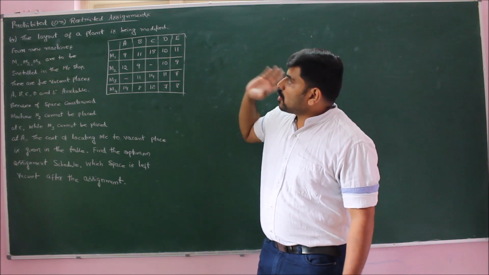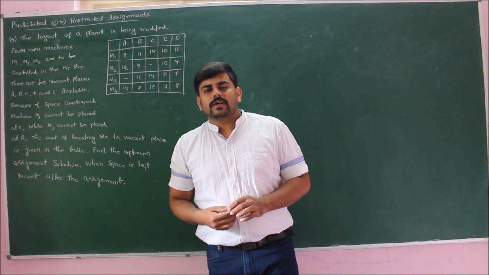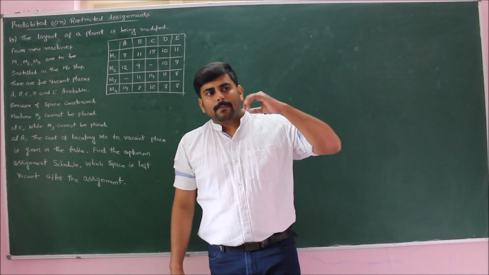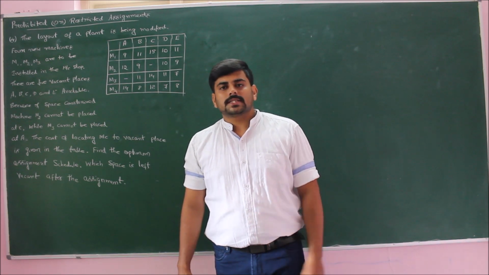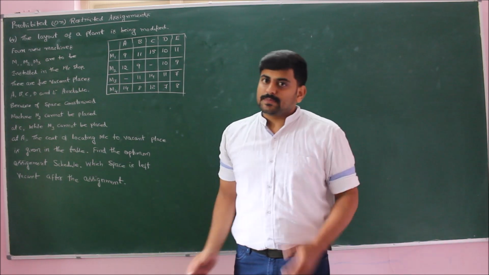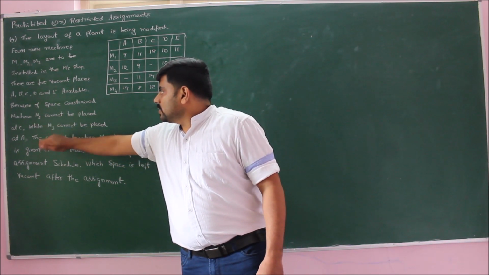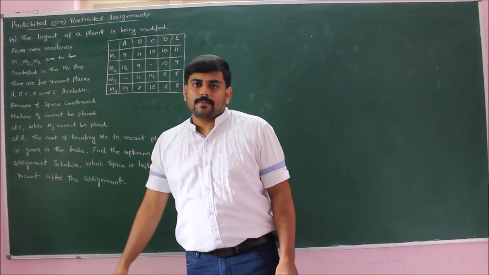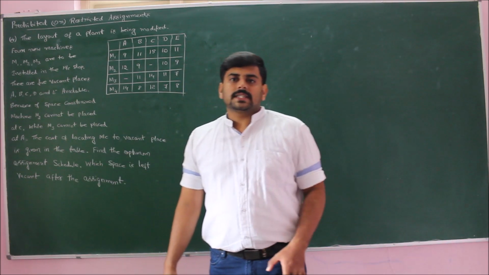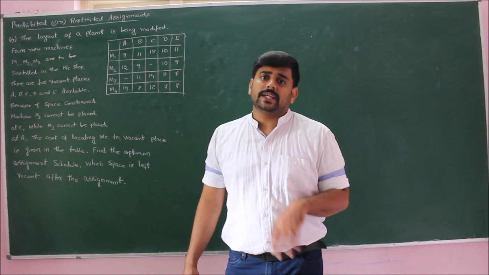Prohibited or restricted assignments arise whenever we cannot assign a particular origin to a particular destination due to some restrictions. Here, due to the space constraint, we cannot allocate machine 2 to space C and machine 3 to place A. Whenever we have restrictions, we should assign such cells the value infinity.